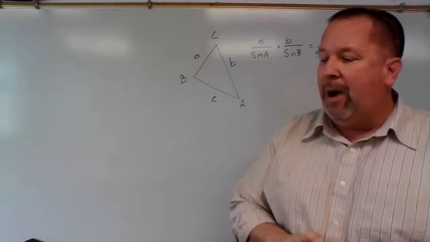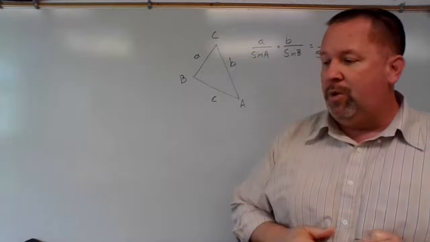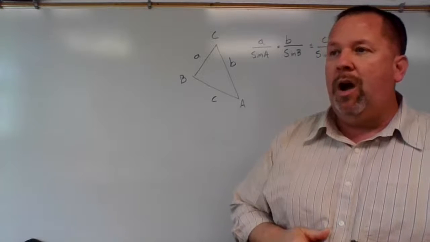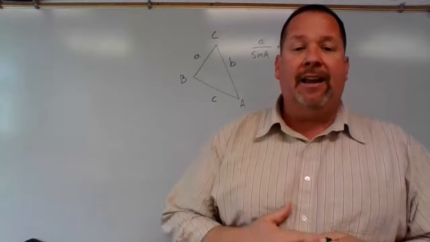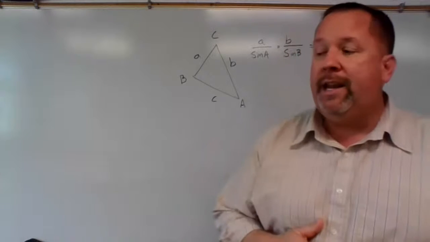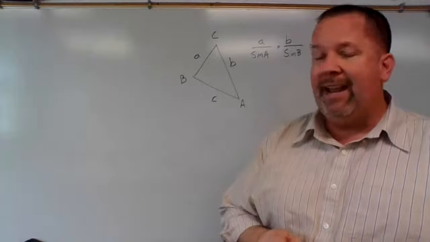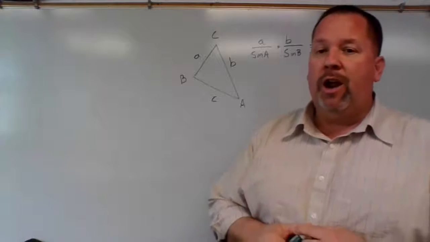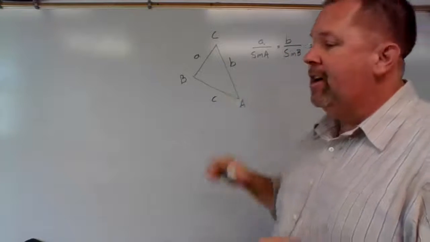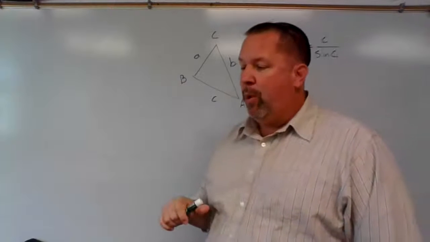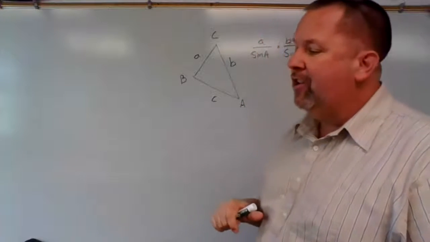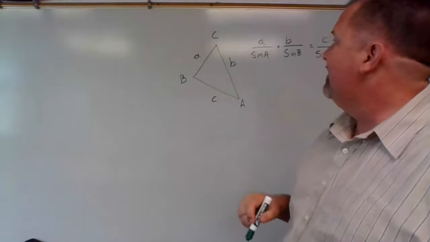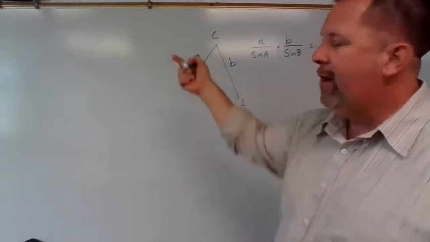But I want to do a couple of examples with you where, if we had two angles and a side of the triangle, we can use the law of sines and we can solve for that triangle. So let's take a look at this. I'll use what I have drawn on the board here, and I'm going to give you some information. I'm told that angle C is 63 degrees. I'll write it on the side here.